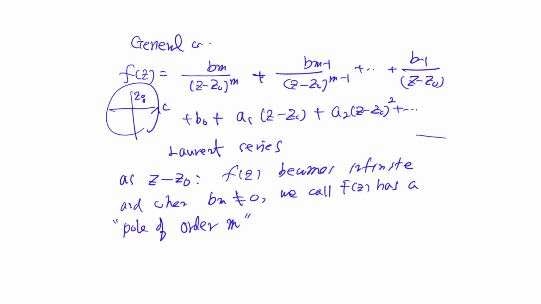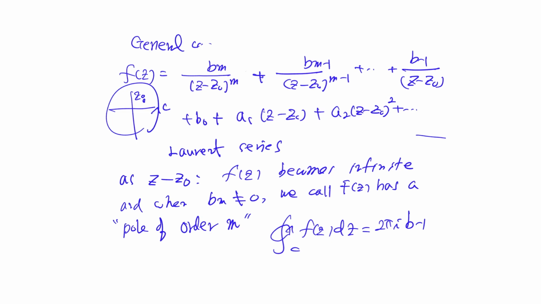And what happens if we integrate this? If we integrate this across the curve, all the terms become zero, right? Except this one. 2 pi i b_1, right?